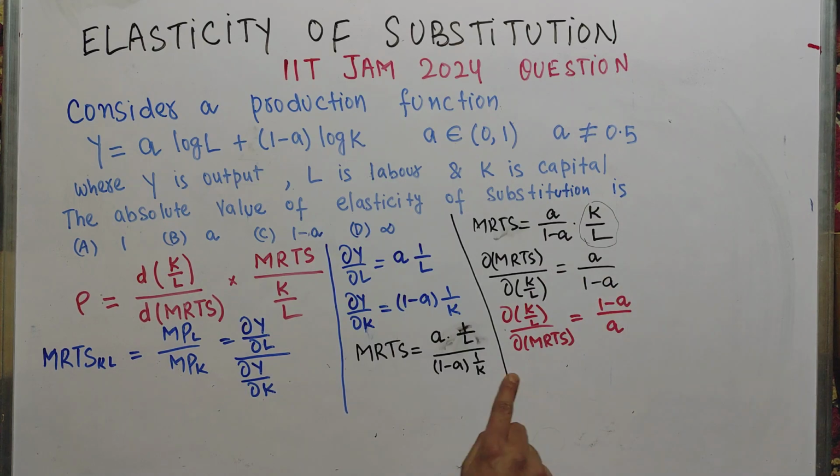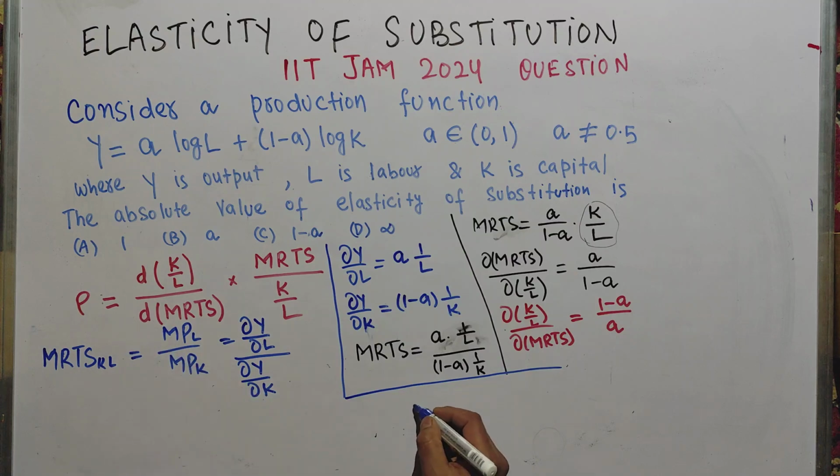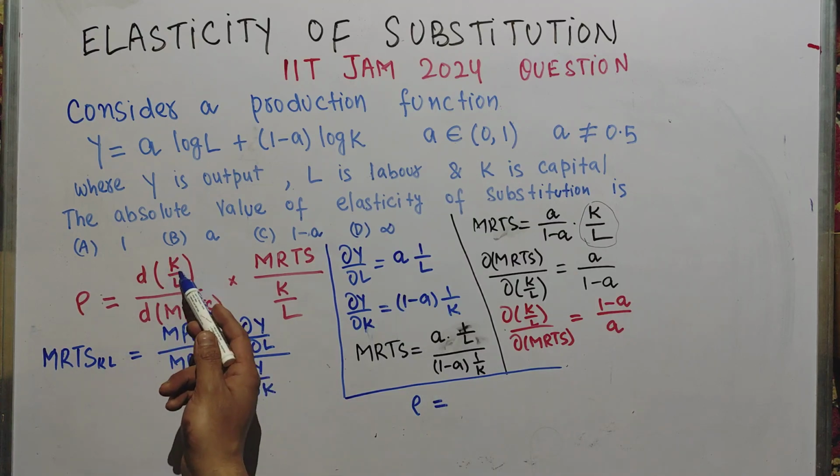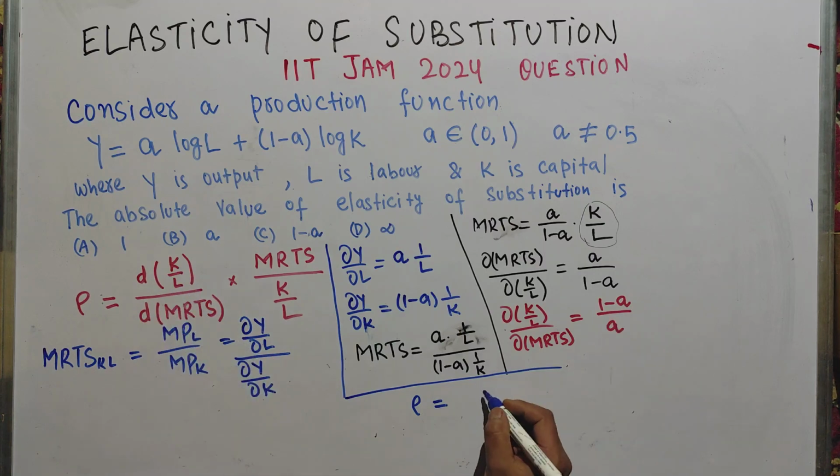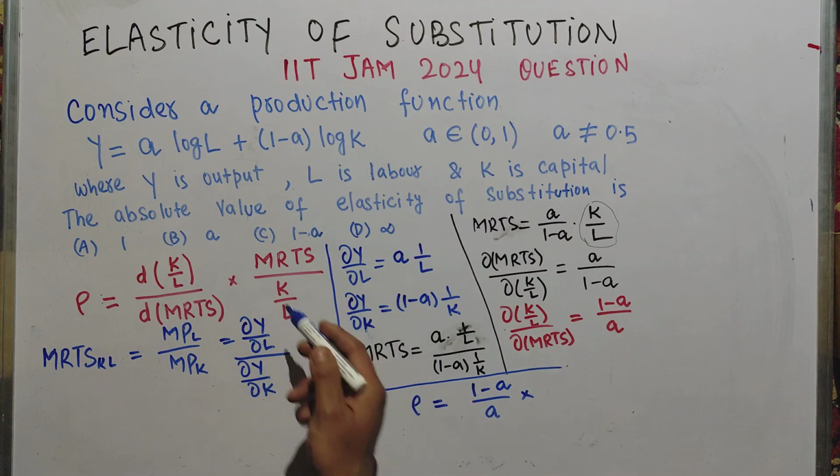Now the elasticity of substitution, as we know, let's write the formula here. The elasticity of substitution is equal to d(K/L) upon d MRTS, which is equal to 1 minus a upon a times the MRTS.